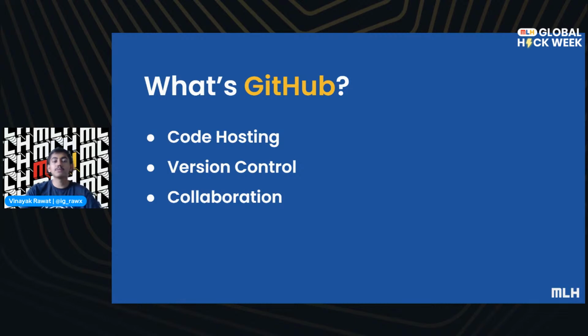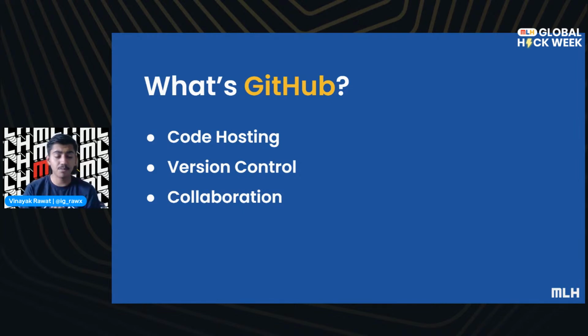GitHub helps you with version control. It keeps whatever you have made in that particular version as it is, so that you can coordinate well with the new version too. And the last and most important thing is collaboration. As I stated in the first point, when you're working on code hosting, you're working with folks all around the world.